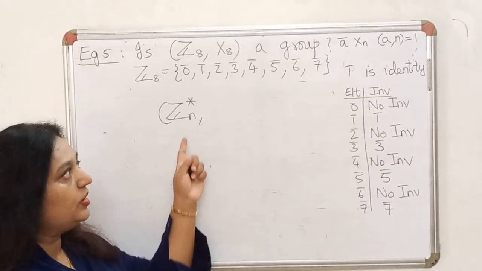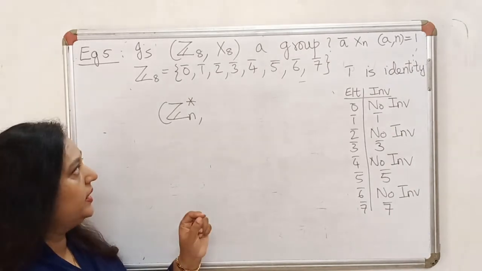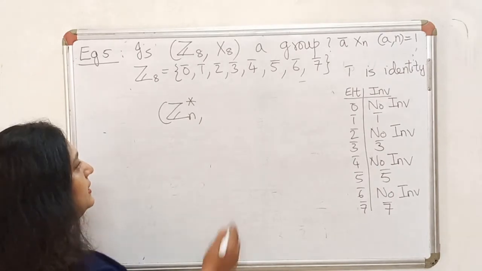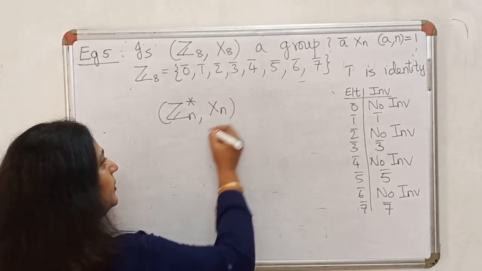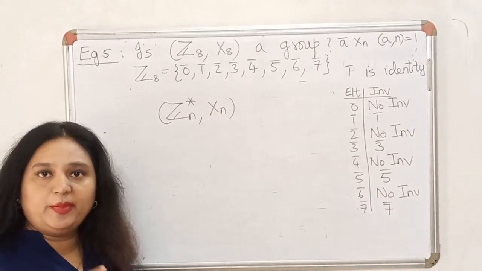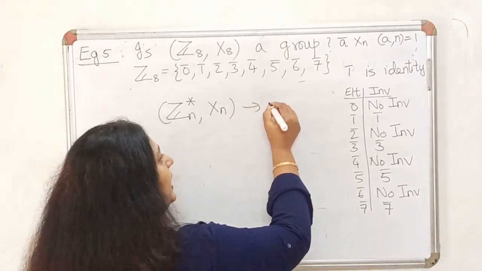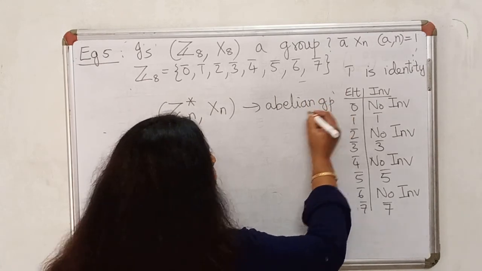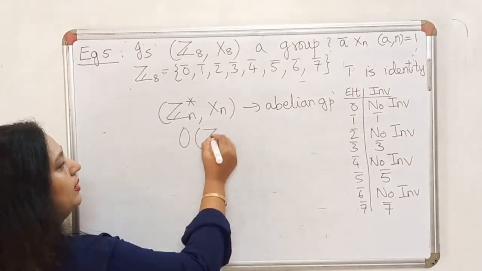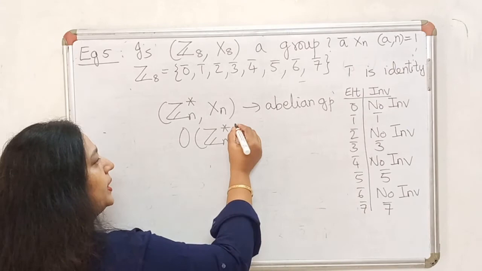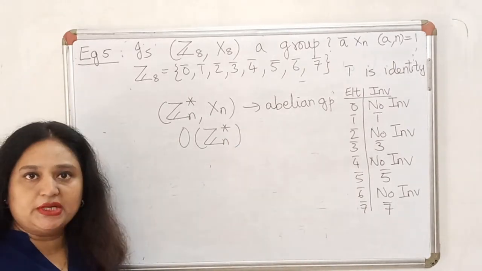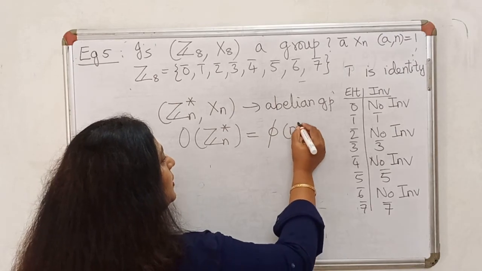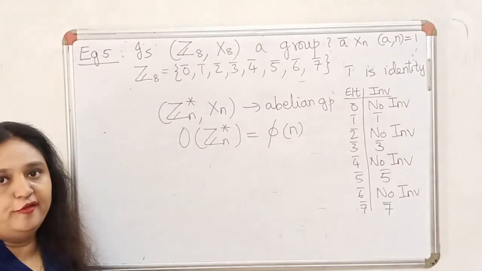So it will contain only those residue classes where the integer below the bar is relatively prime to n. And this, with respect to multiplication modulo n, will be a group. It will be an abelian group. It will also be a finite group. And in the preliminaries, that is chapter 0, we had mentioned that this is a group of order 5. Thank you.